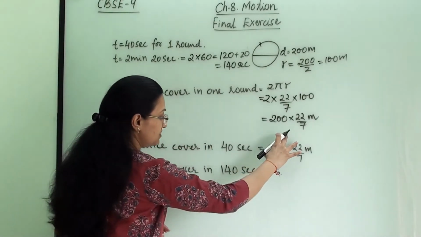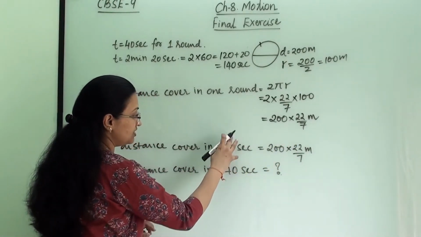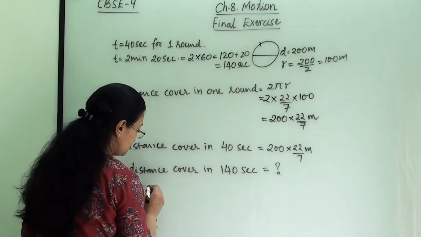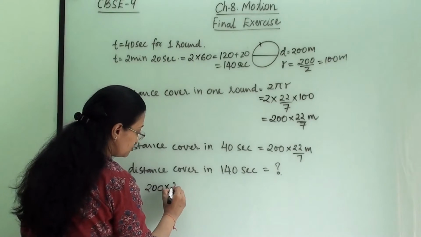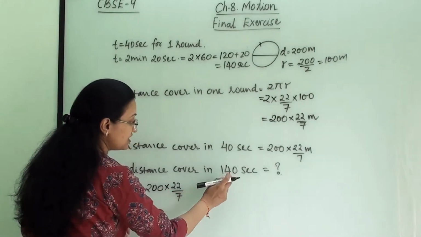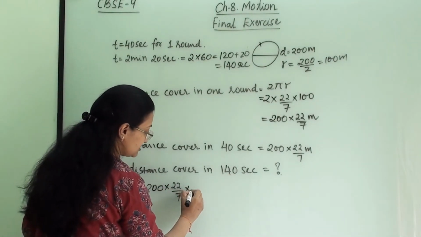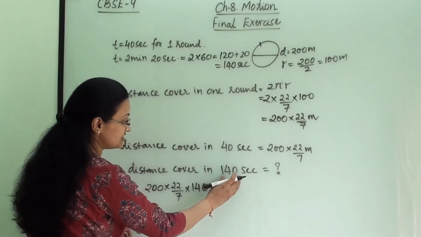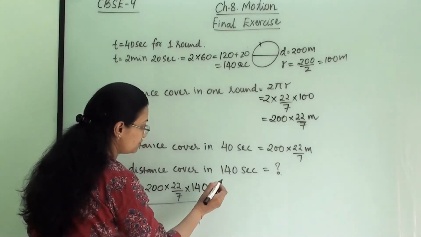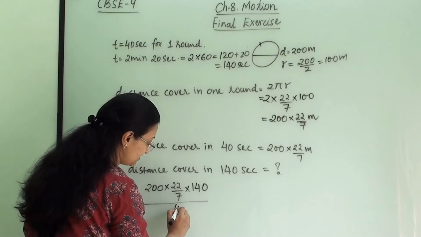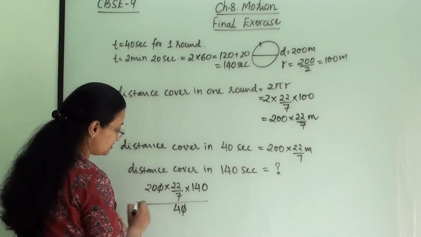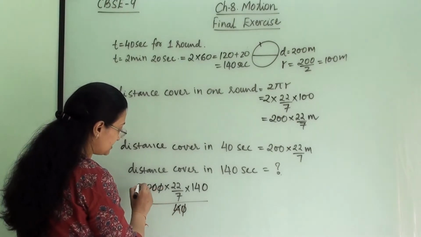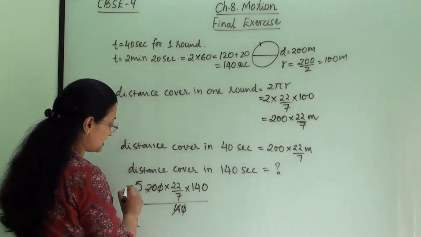So this term is multiplied with this term and divided by this. So we will get here 200 into 22 by 7 into 140. This is the unitary method, so we will get here 140 divided by 40 seconds. Now we can cut this 0 and 0, and this 4, we write here 4 5s are 20.